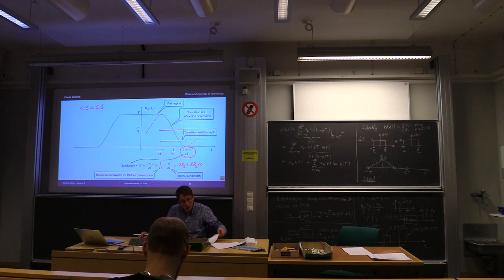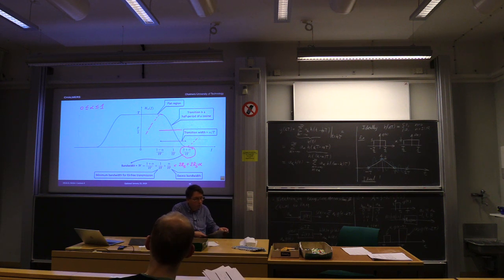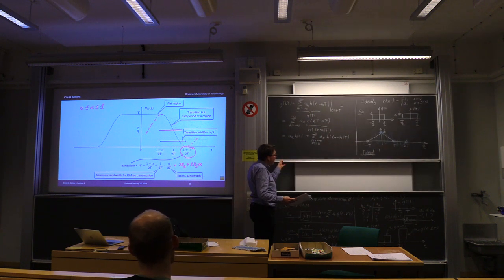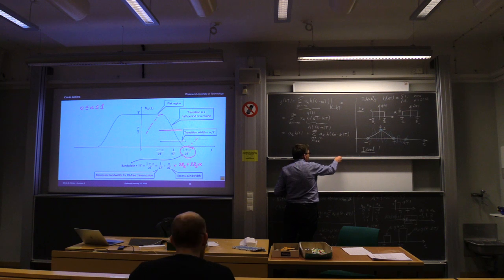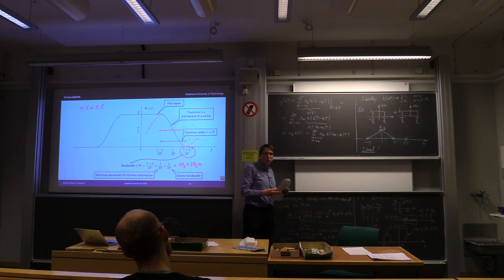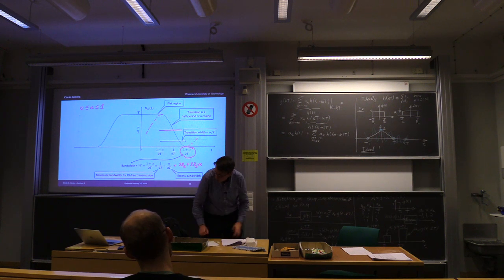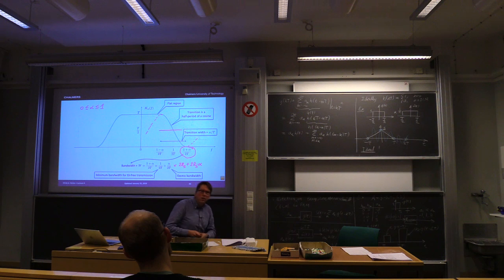Yes. And why is bandwidth important? Well, it's because in many cases we would like to transmit as many symbols per second as possible. Let's not go down that path today. We'll take that on Monday.